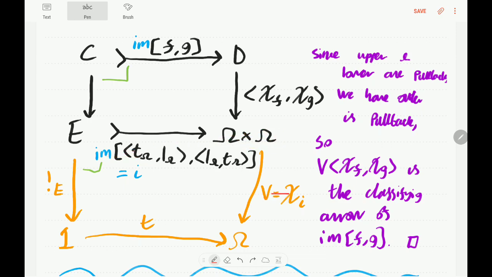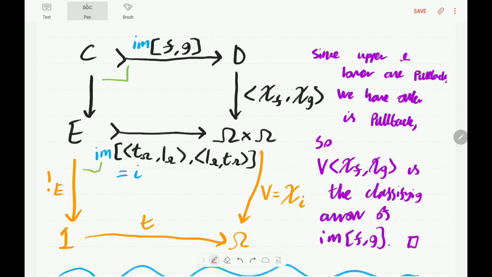Let's call that arrow I. The classifying arrow of I, χI, is exactly what OR is by definition. And so this bottom square is a pullback, and we've been arguing that this top square is a pullback. And so the pullback lemma gives us that the outer rectangle is a pullback.